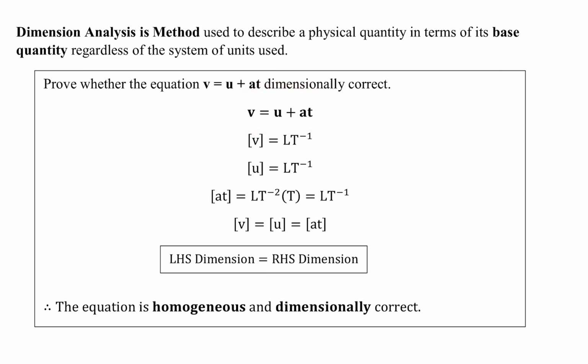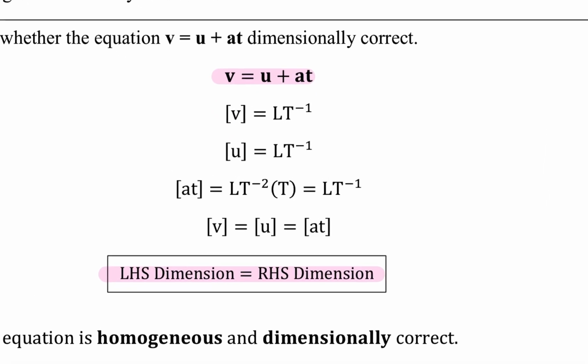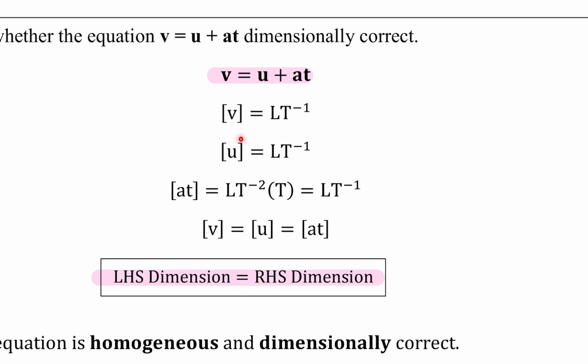We have to prove whether the equation is dimensionally correct or not. For the equation to be dimensionally correct, or homogeneous, the left hand side dimension should be equal to the right hand side dimension. For V equal to U plus AT, first I find the dimension for velocity, which we did before, LT^-1. The dimension for U, the initial velocity, is LT^-1 as well.